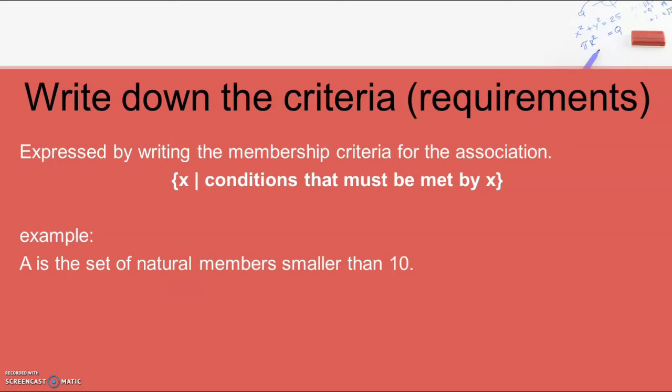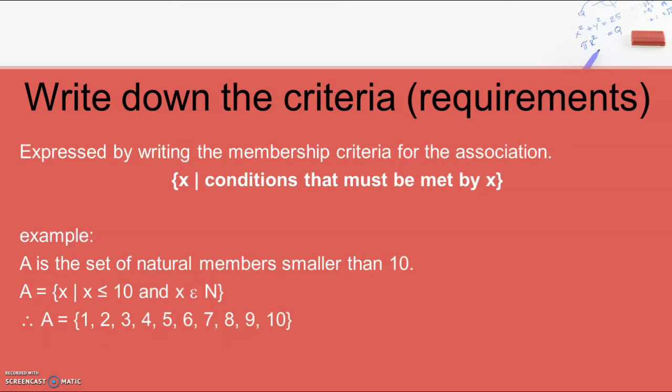So, to write using the set membership criteria, set A equals the set of X such that X is less than or equal to 10 and X is an element of the set of natural numbers. It shows that elements of set A are 1, 2, 3, 4, 5, 6, 7, 8, 9, and 10.